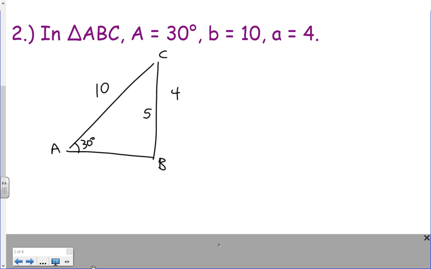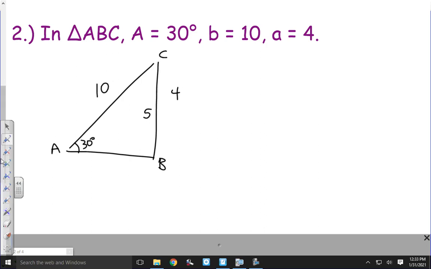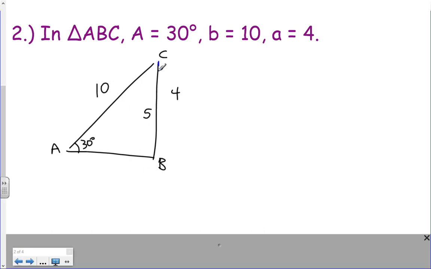So if I make side A only 4 units long, when I measure that distance, I stop at some point right here. That's the 4 units, and you can see that my side is a little bit short. I don't quite reach this point down here. So my problem is that I don't end up with a triangle. There is no such triangle.